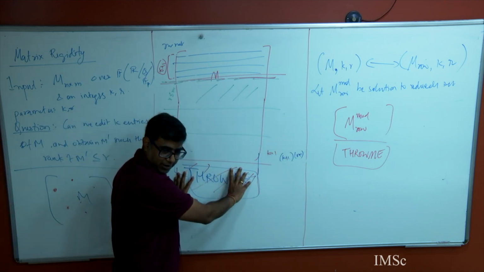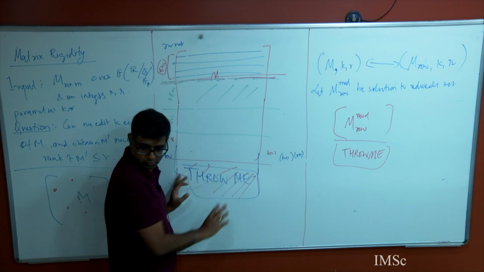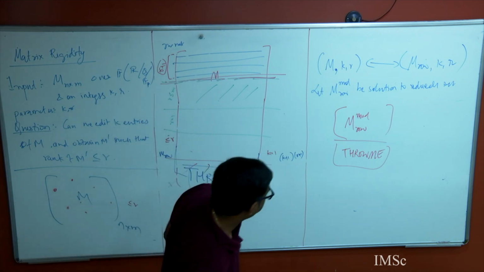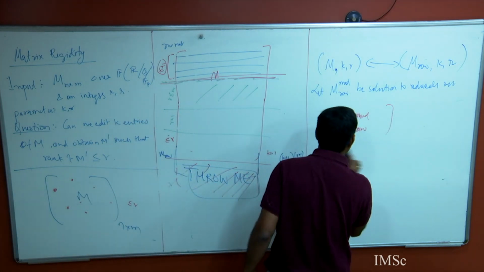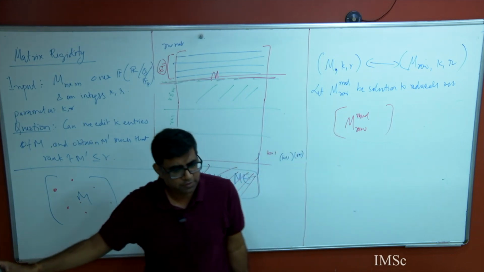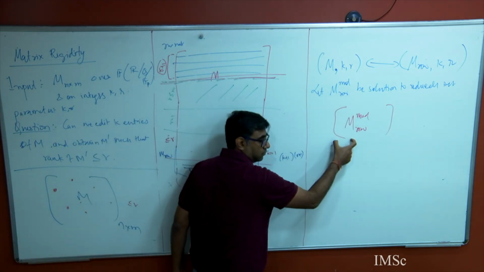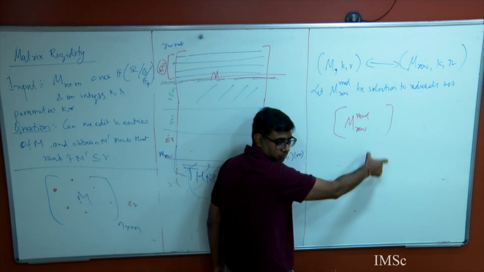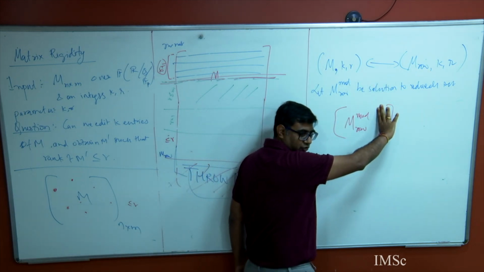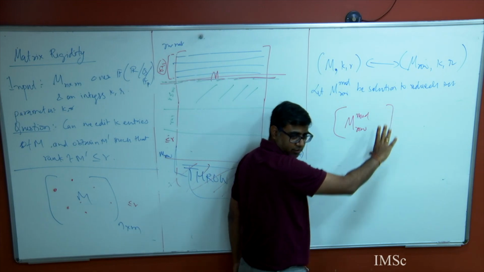So the thrown rows are fine. Okay, so you do this. Now you do the same thing for columns. Column, column, column, column, and then you will get a set of columns which can be thrown, and that's it, right?